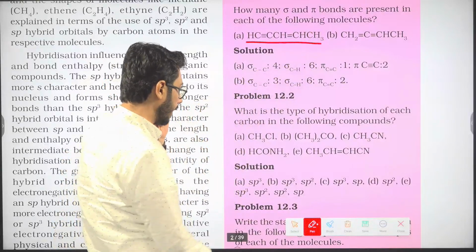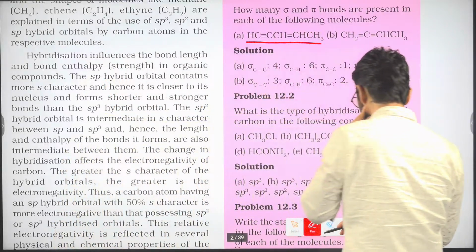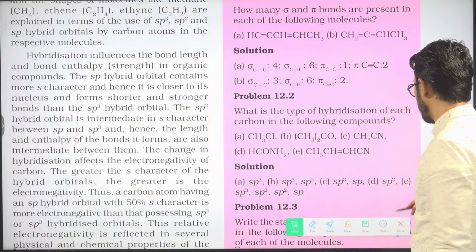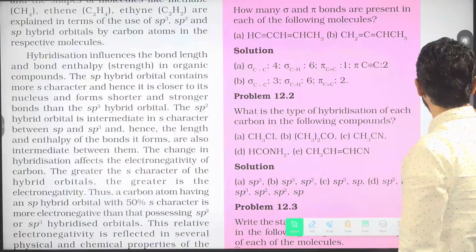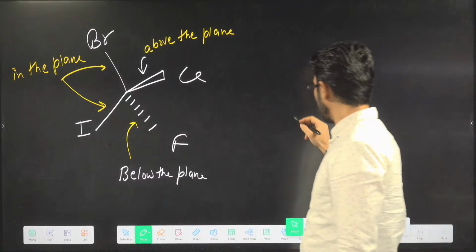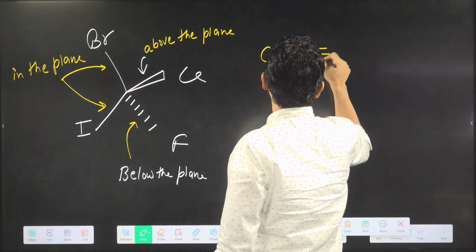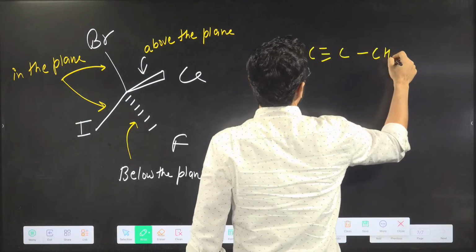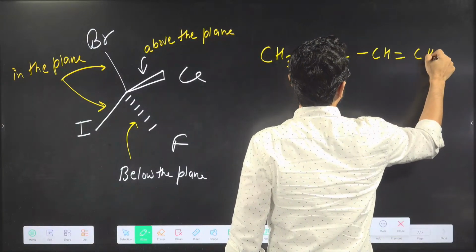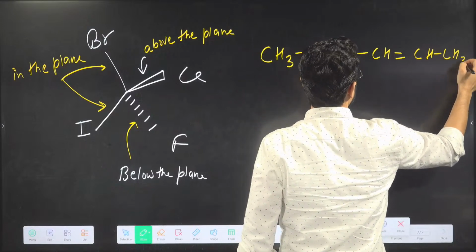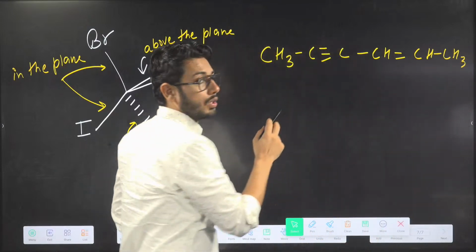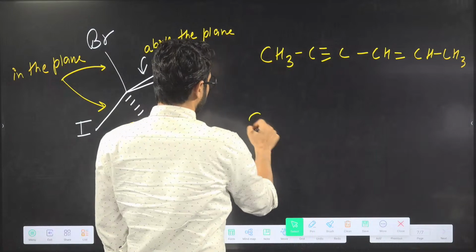So if I want to write this structure, it will be CH3, C triple bond C, CH double bond CH, single bond CH. Suppose this is the structure. So you will count it by writing the structure in expanded form.